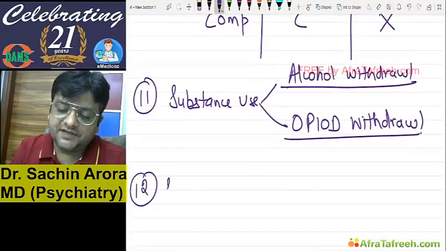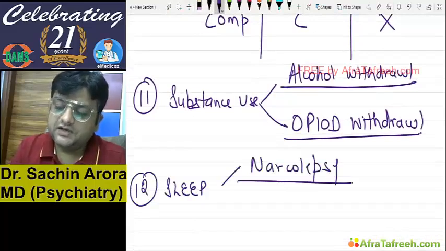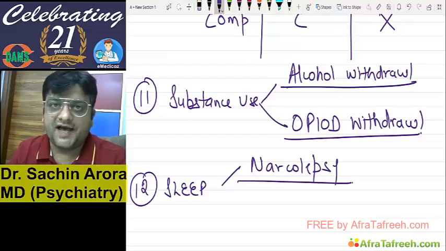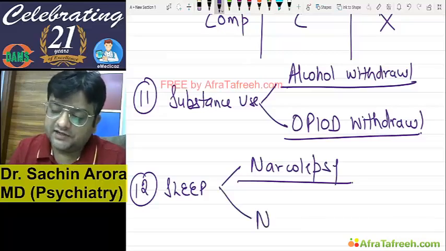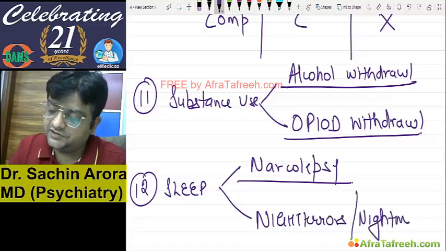Then in sleep they might ask you about narcolepsy, a tetrad of daytime sleepiness, hypnagogic, hypnopompic hallucinations, then sleep paralysis, cataplexy, or they might ask you night terrors versus nightmares.